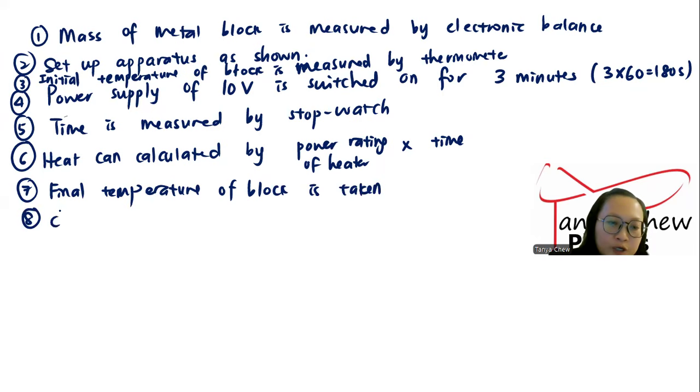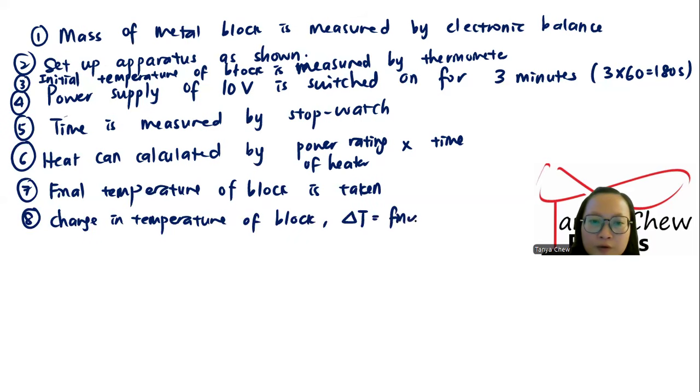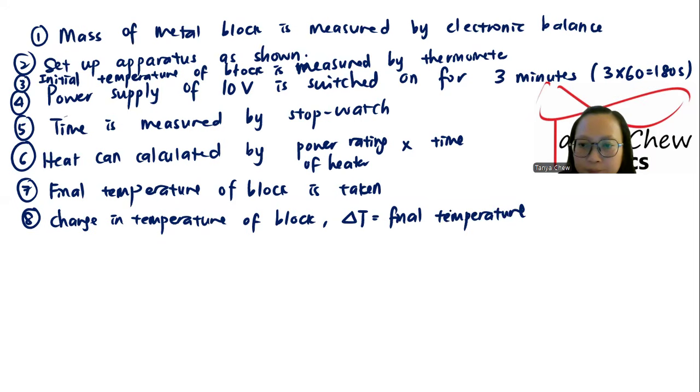So change in temperature of block, which is delta T, is equal to final temperature minus initial temperature.